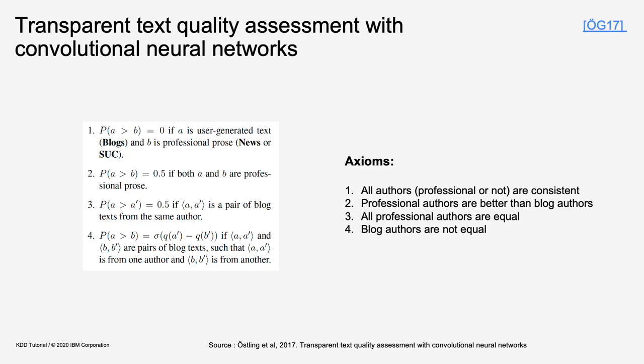P of A greater than A prime equal to 0.5 if A and A prime are a pair of block texts from the same author. And finally, P of A greater than B equal to sigma of Q of A prime minus Q of B prime if A prime and B prime are pairs of block texts such that A prime is from one author and B prime is from another.